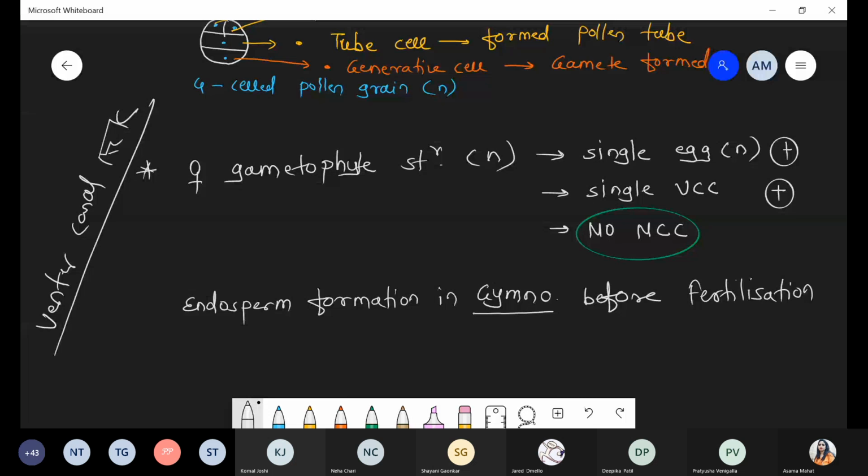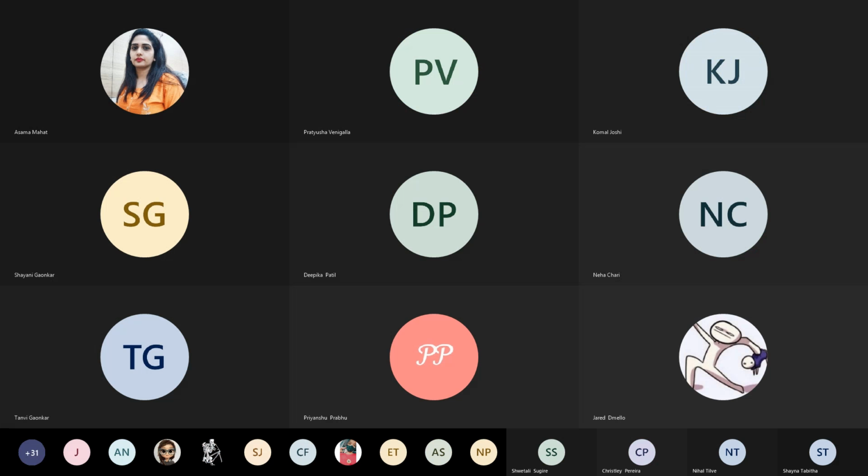I'll share the long forms of VCC and NCC. NCC is the neck canal cell. VCC is the ventral canal cell. Please remember, both NCC and VCC are present in bryophyta, again in pteridophyta, and also in gymnosperms.